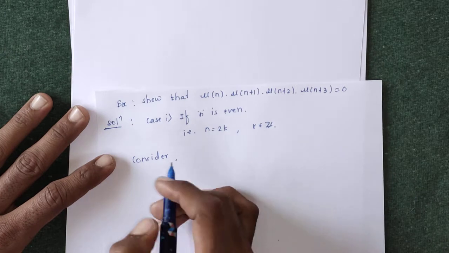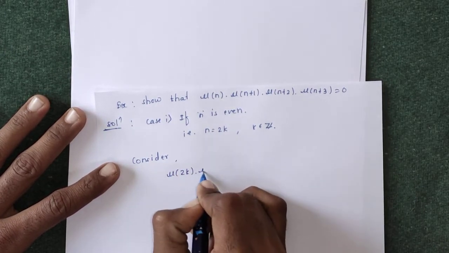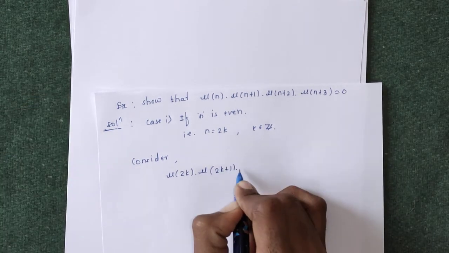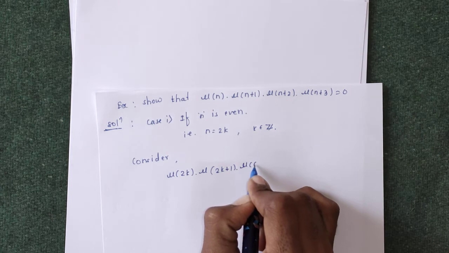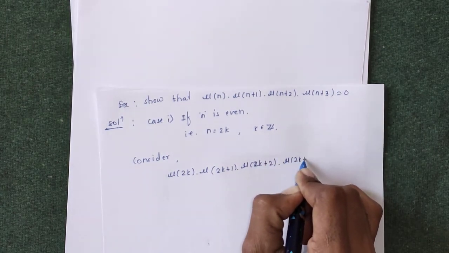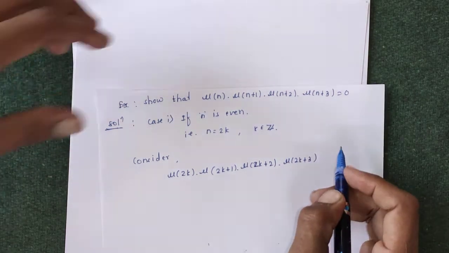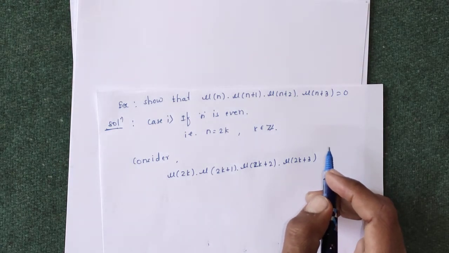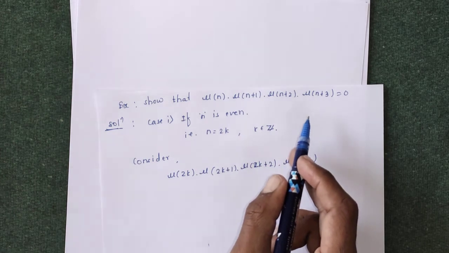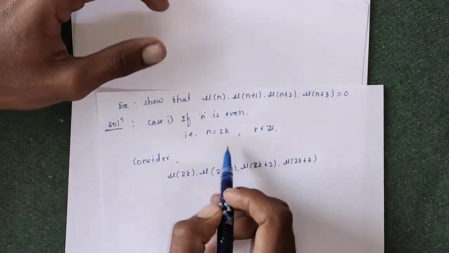The left hand side will become mu of 2k into mu of n plus 1, that is 2k plus 1, into mu of 2k plus 2 into mu of 2k plus 3. So we consider this left hand side, putting the value of n equal to 2k.